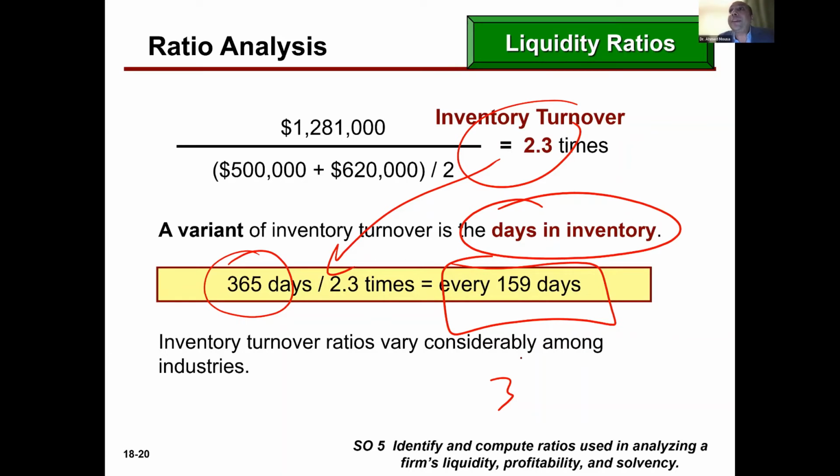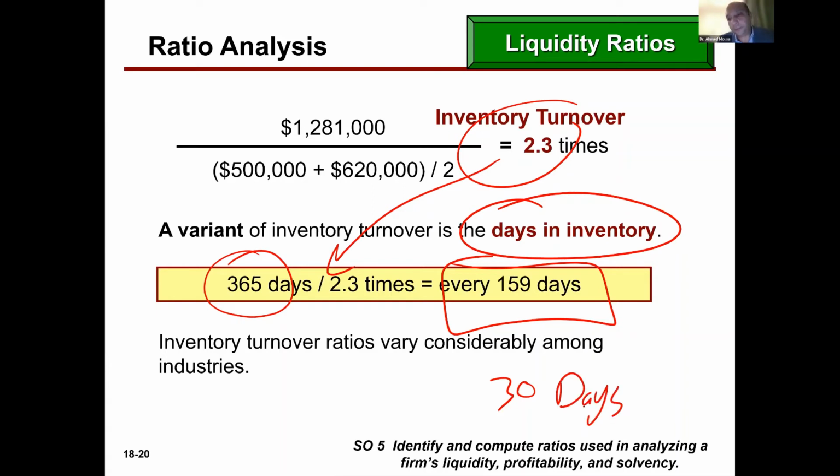Someone last session asked me this question: you need to discover if you have slow moving inventory. You can find that from this ratio. How does that happen? For example, the normal average days in inventory is 30 days.